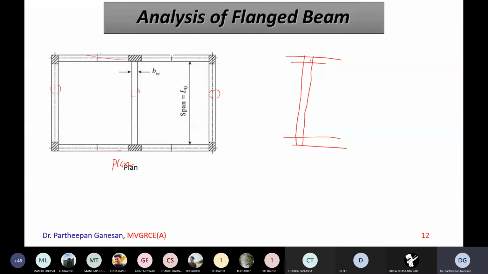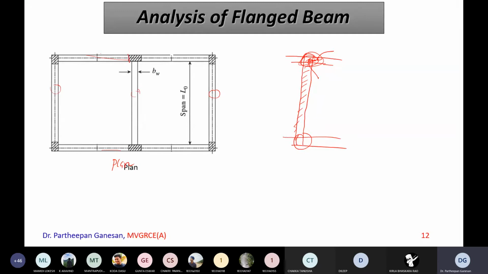Then this beam is considered a simply supported beam because it is concrete and this is brickwork. So we consider there is not so much fixity between the brickwork and the concrete, on this end also, at this support also.